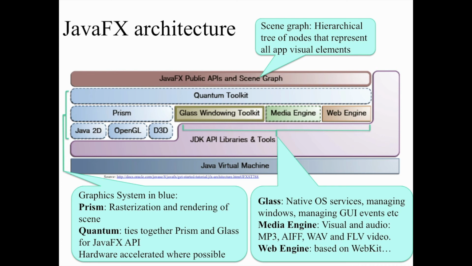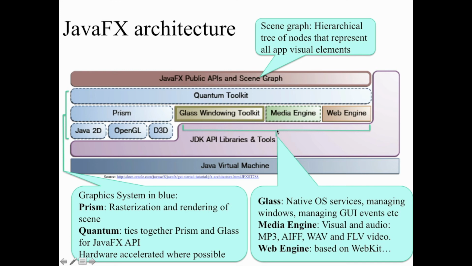If it's Windows or if it's macOS and so on, it looks like Windows and it looks like macOS. It doesn't look like some Java specific thing. So the Glass windowing toolkit is handling things like clicks and so on that are then passed through to the underlying JavaFX.